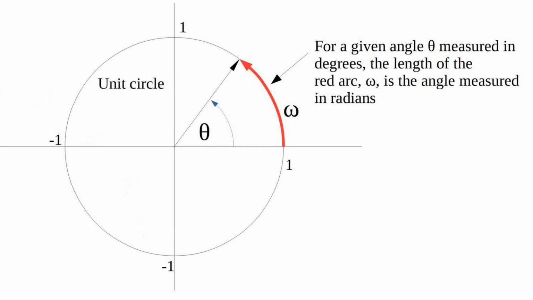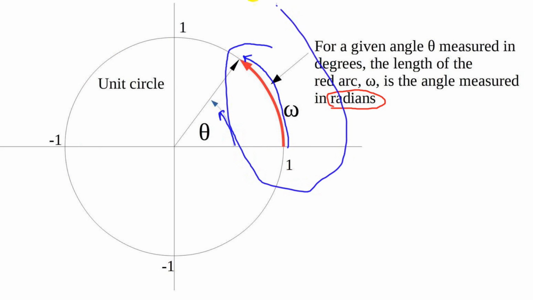There's a little sleeper of a paragraph in the book that talks about something called radians. A radian is the length of the arc between 0 degrees and the angle we're interested in. How many radians are there in 360 degrees, or one complete revolution?